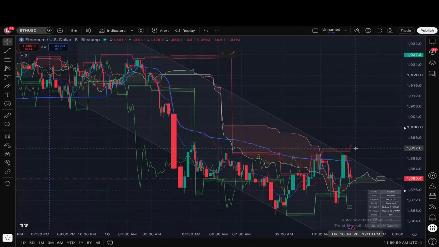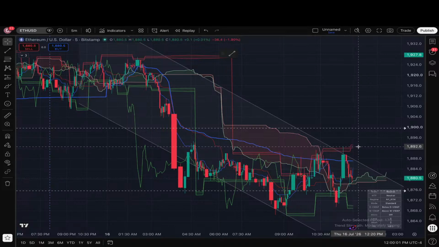And the resistance actually went up a little bit here. So that's quite interesting. We see that in real time here too. The resistance just spiked up from 1892, just a smidge, to 1893. So we're going to be keeping a lookout on that.